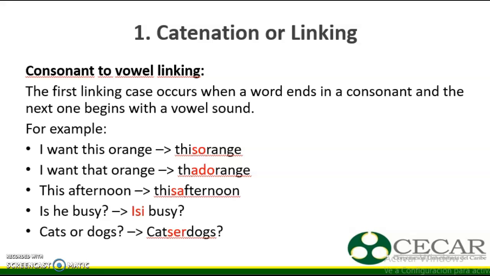For example, I want this orange. I want that orange. This afternoon. Is he busy? Cats or dogs?